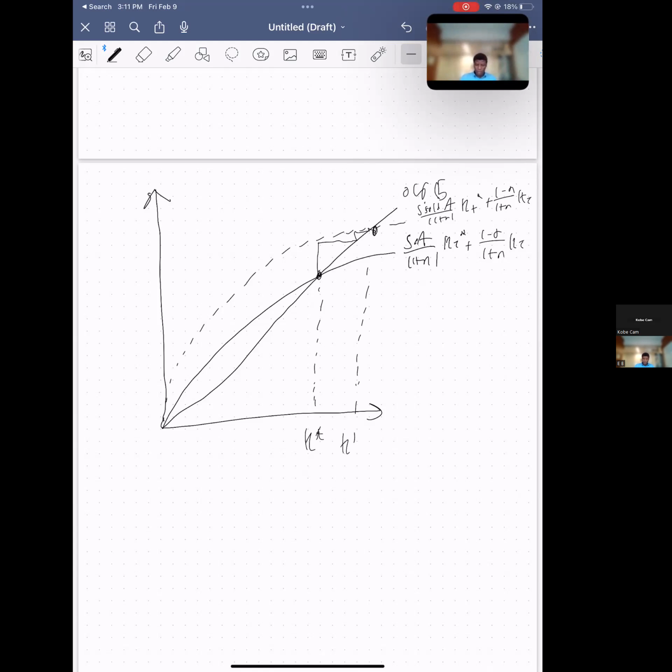So if we draw the time paths for capital, at time t0, we institute a new policy. We're going to save more to reach our new proper savings rate. We go like this, because there are no jumps in capital per capita. We're just sliding over to this new point. So now we start with this, and now we're going to this.